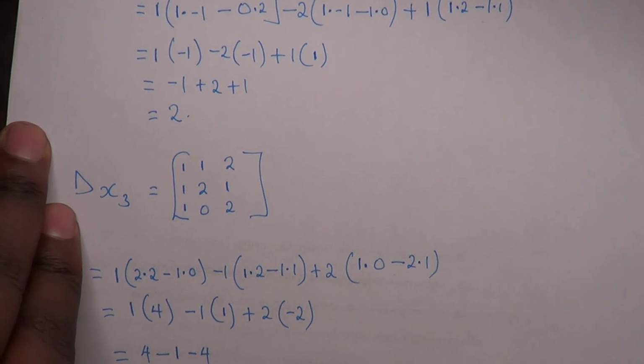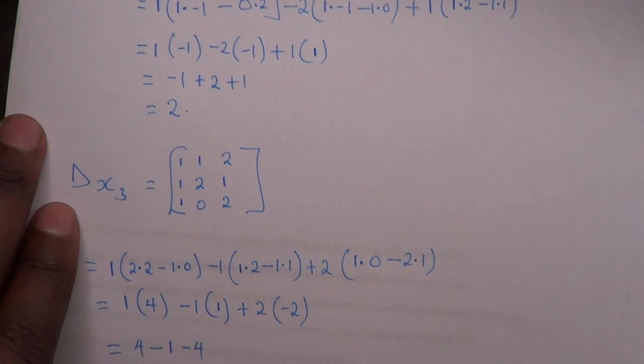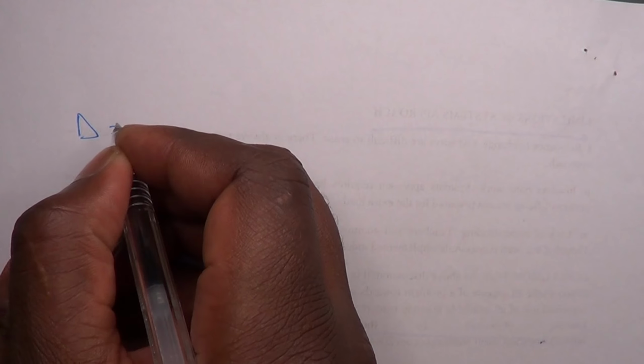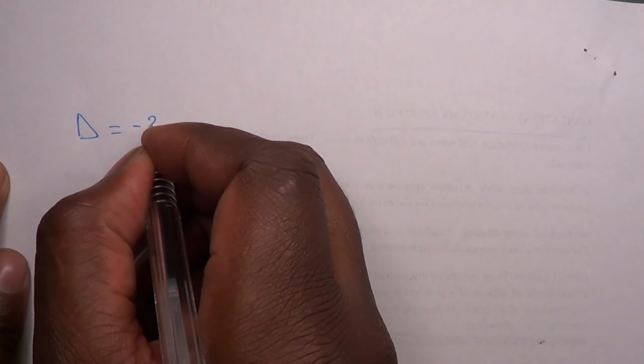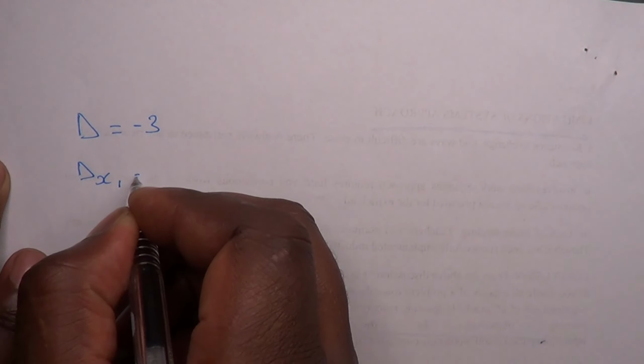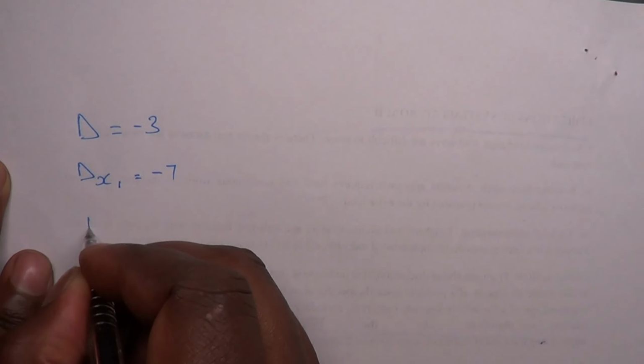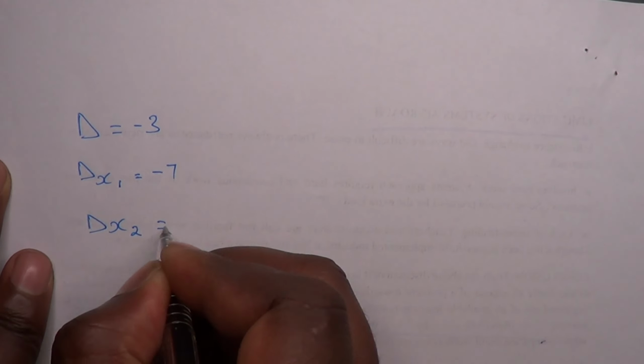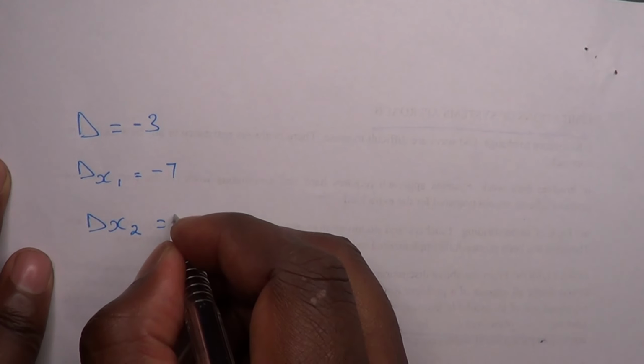After finding dx3 here, the next step we need to do is, remember, we have the first d, which was negative 3. Then the determinant of x1 is negative 7. Determinant of x2 was 2.